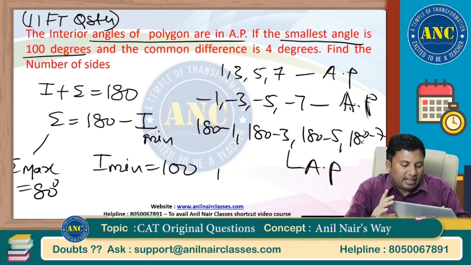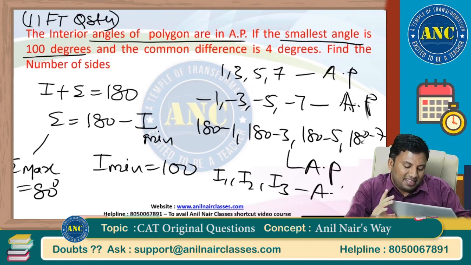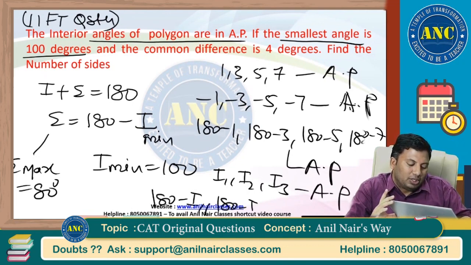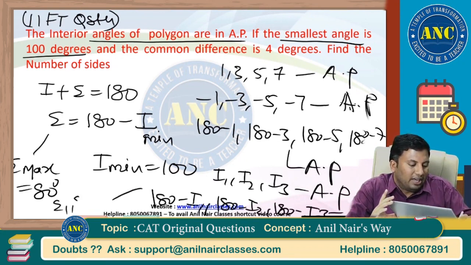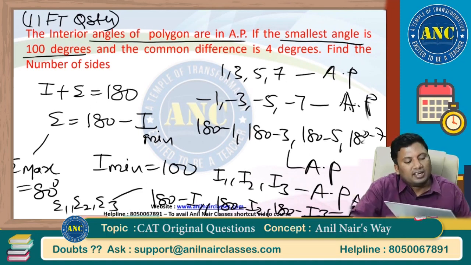So if I take I1, I2, I3 in AP, then 180 minus I1, 180 minus I2, 180 minus I3 are also in AP. So they are nothing but E1, E2, E3.